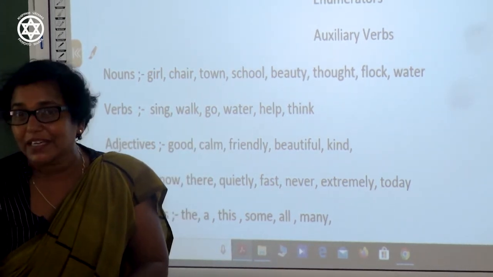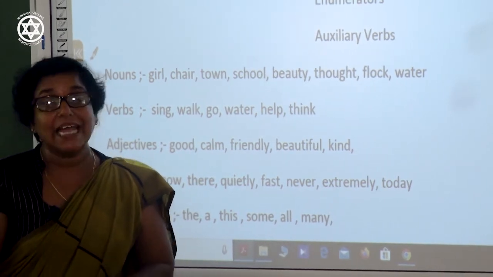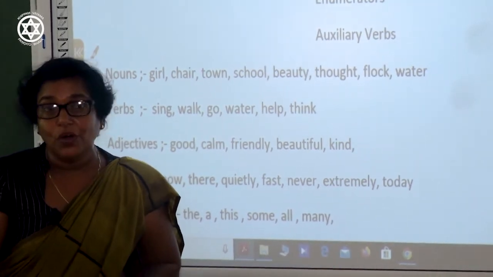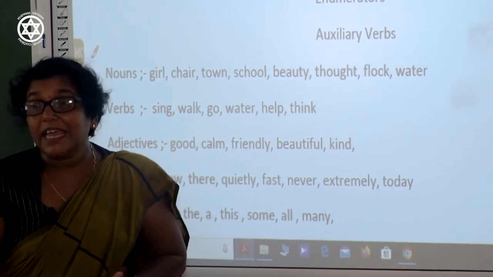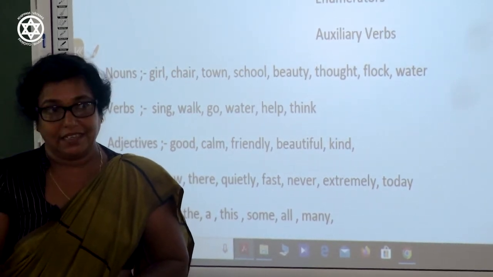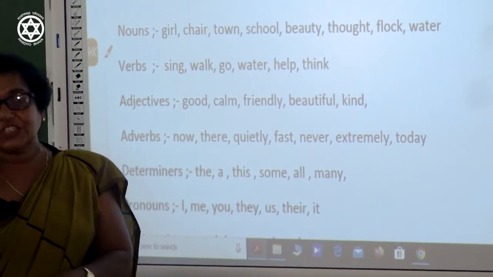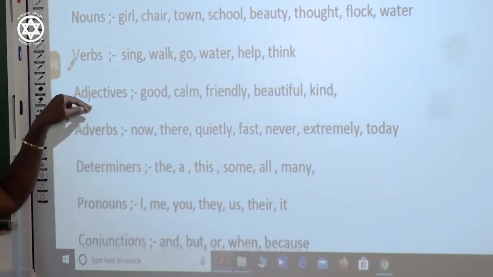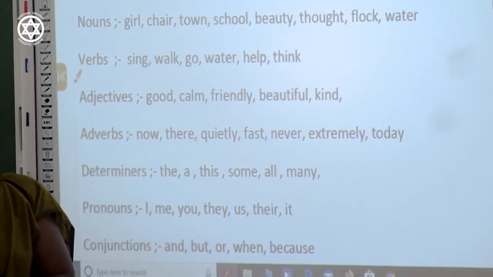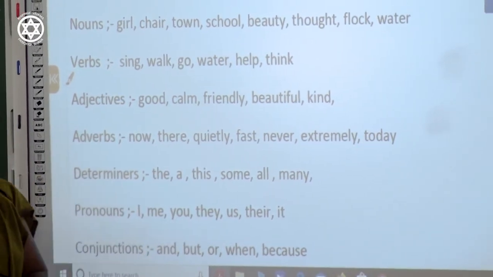So, that is why I told you that we can decide whether a word is a noun or a verb by the way it functions in a sentence, right? So here are verbs. Verbs are action words. Adjectives describe the nouns; they qualify and modify the nouns.